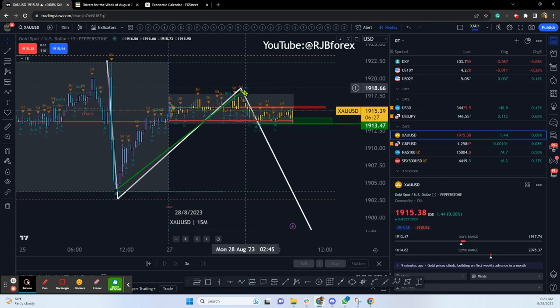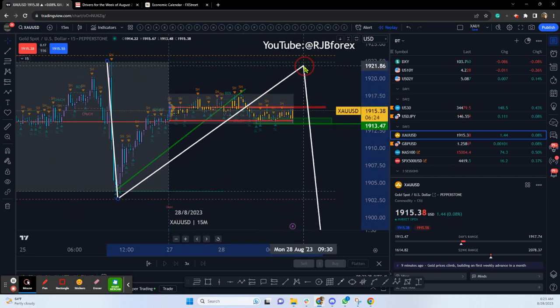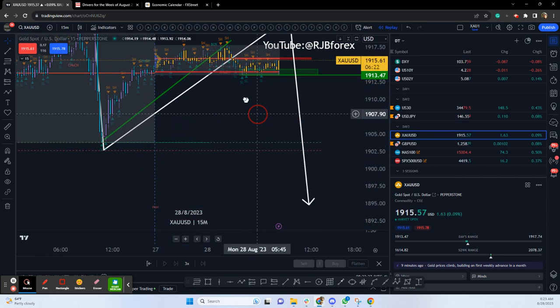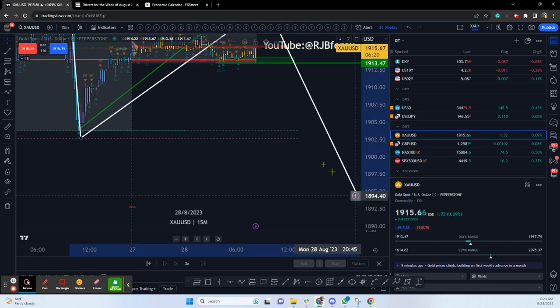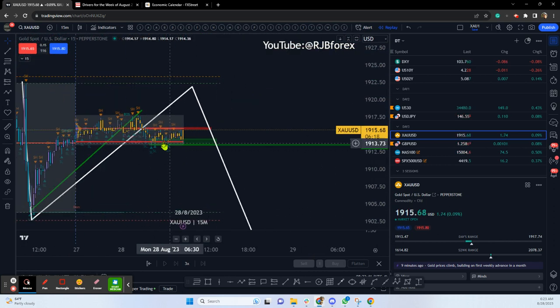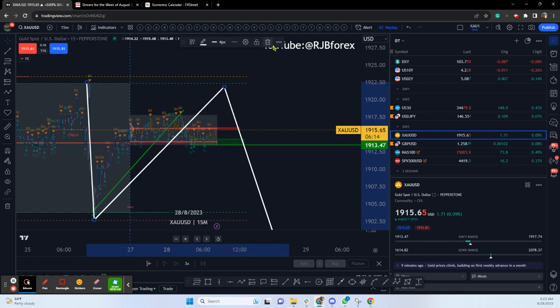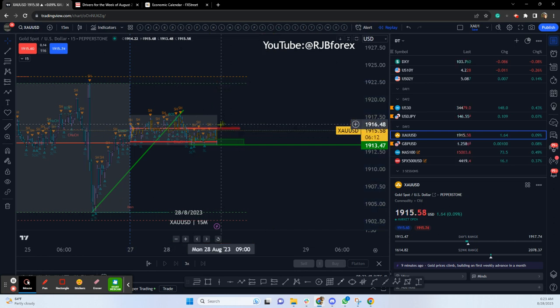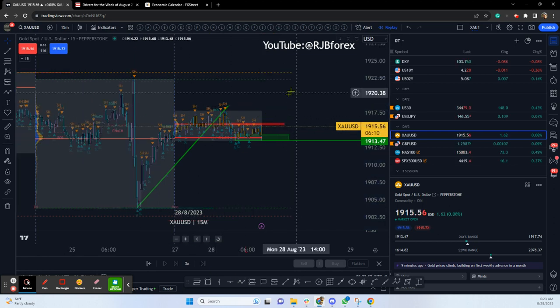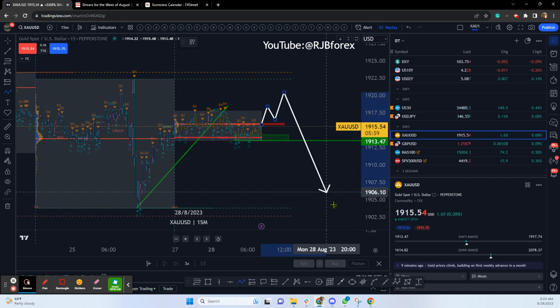However, perhaps we've got more to do on the upside before that could play out. So with this support area here, maybe what we need to see in gold is a break of the resistance, move up, and in doing so, creating more structure, and then we could see the move lower.